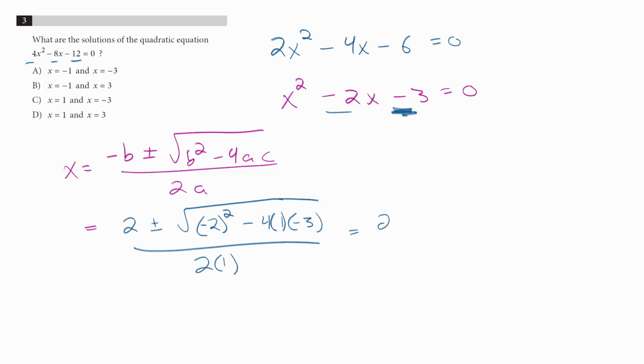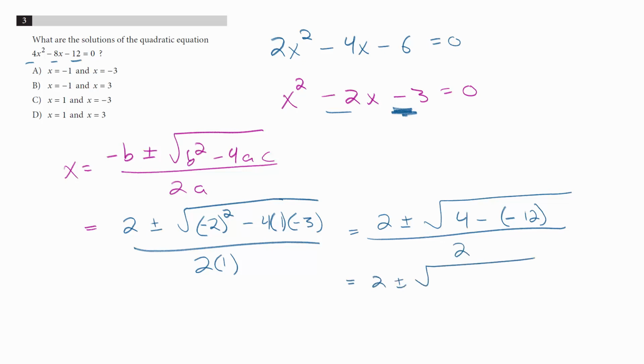And this simplifies to 2 plus or minus the square root of 4 minus negative 12, all over 2. That simplifies to 2 plus or minus the square root of 16 over 2, which simplifies to 2 plus or minus 4 over 2.